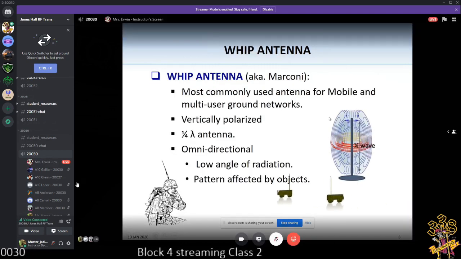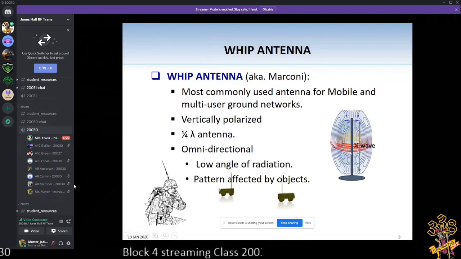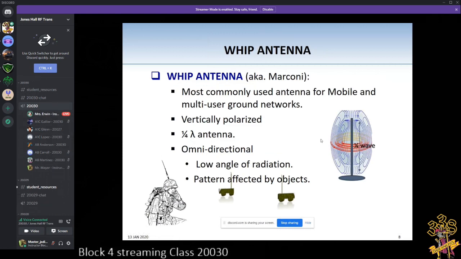Okay. This is a whip antenna. A whip antenna is a vertically polarized antenna because the E field, the blue, here's the E field, is vertical with respect to ground. It is the most commonly used antenna for mobile units and multi-user ground networks because it's easy.